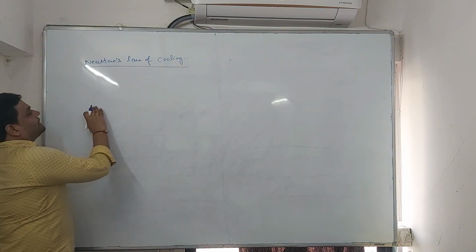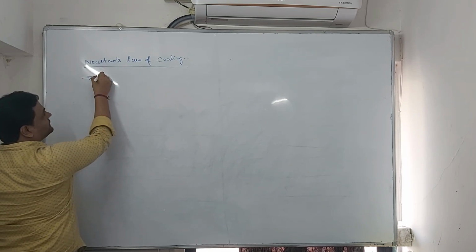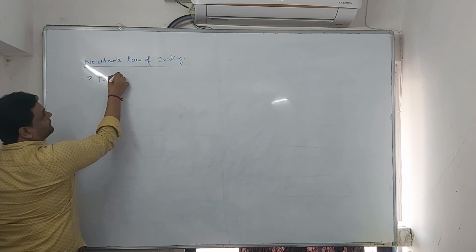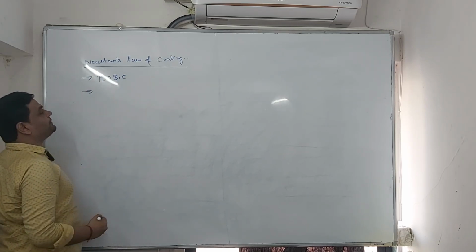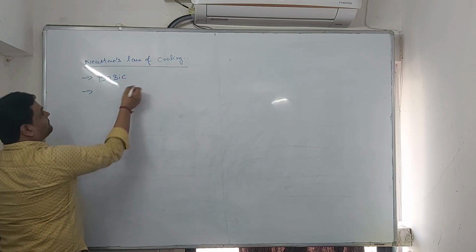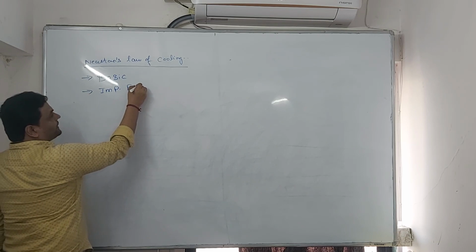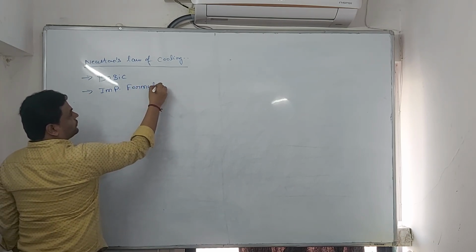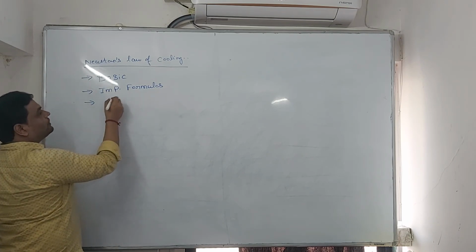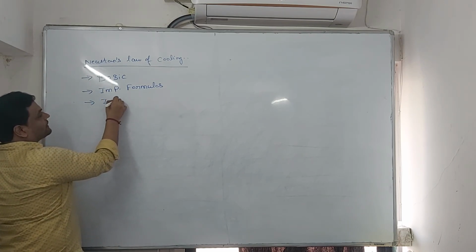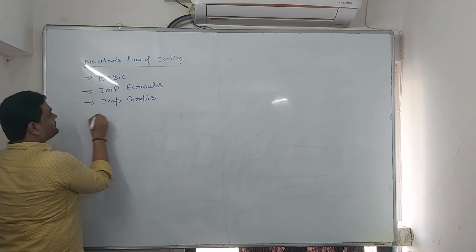Now, in this topic, we will go in this lecture flow. First, we will discuss the basics. After discussing the basics part, we will go for some important formulas. After the discussion of some important formulas, we will go for important graphs.